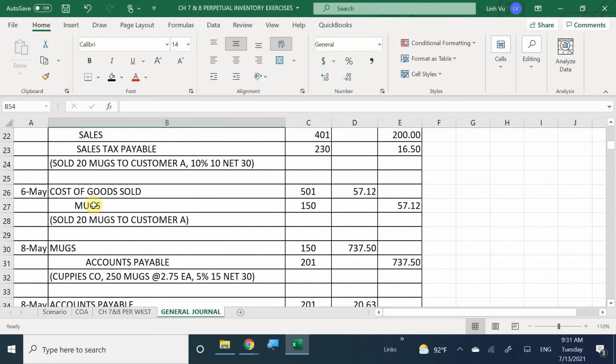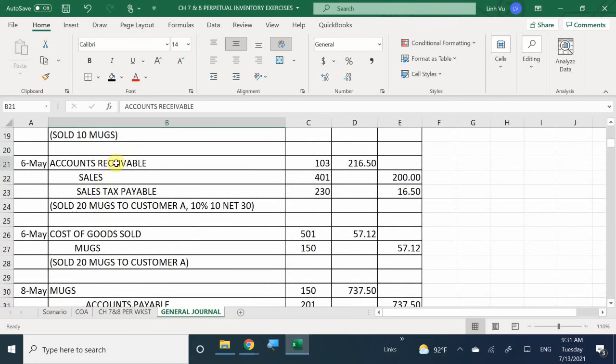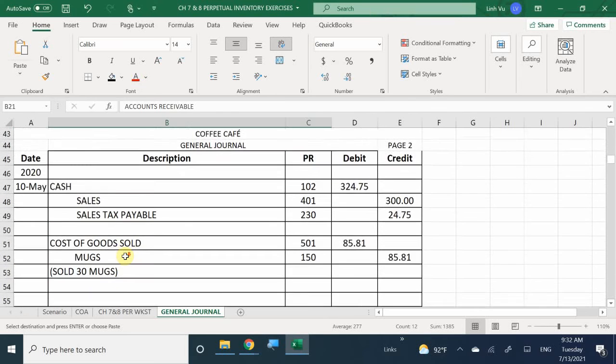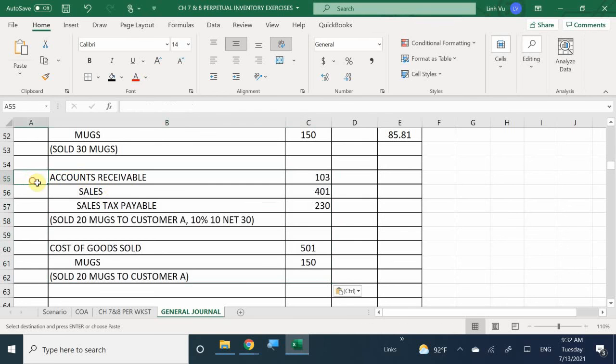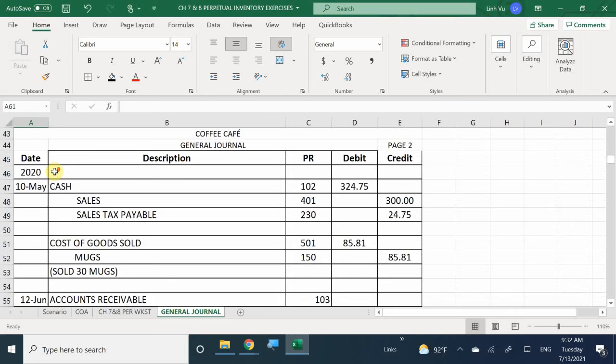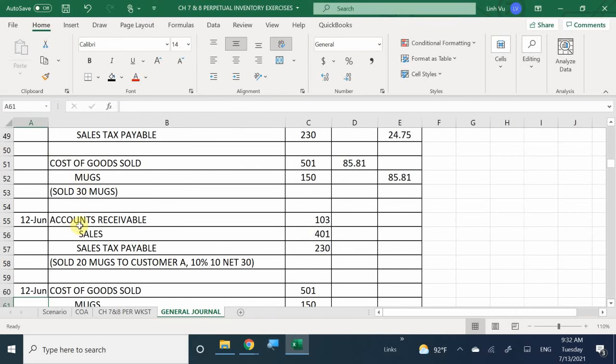It should be on accounts receivable, because we sold on account.